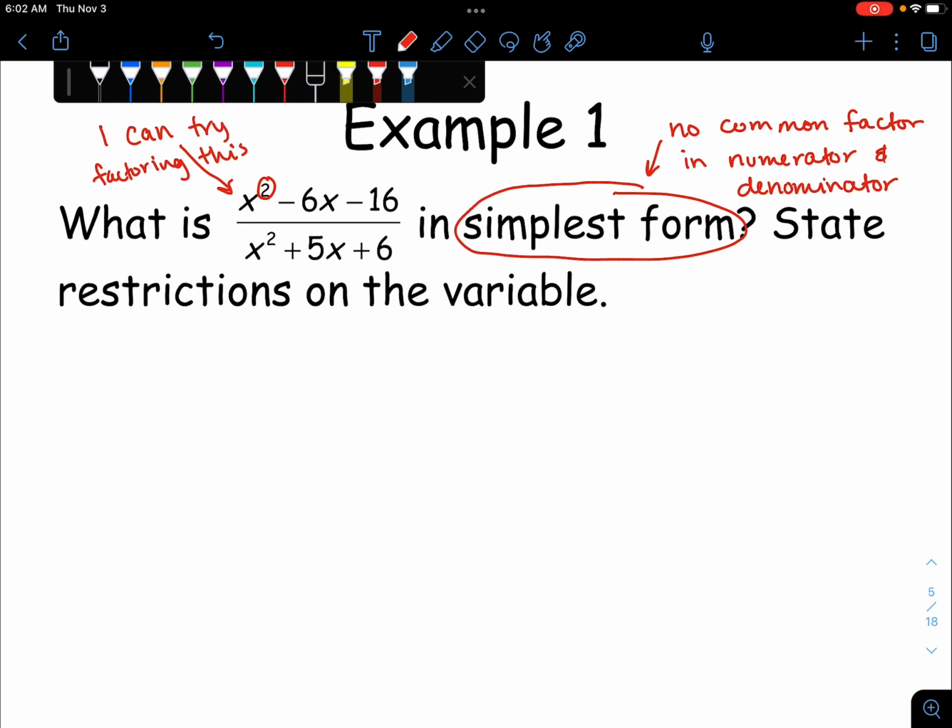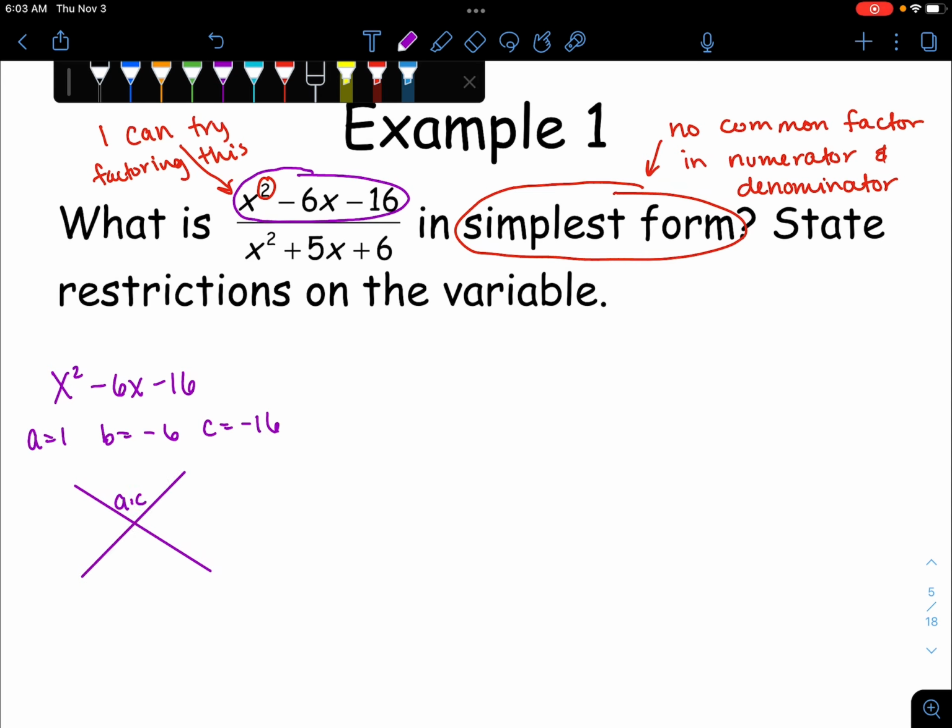Okay, so let's factor the first one. So x squared minus 6x minus 16. My a is 1, my b equals negative 6, my c equals negative 16. Okay, now we do this.